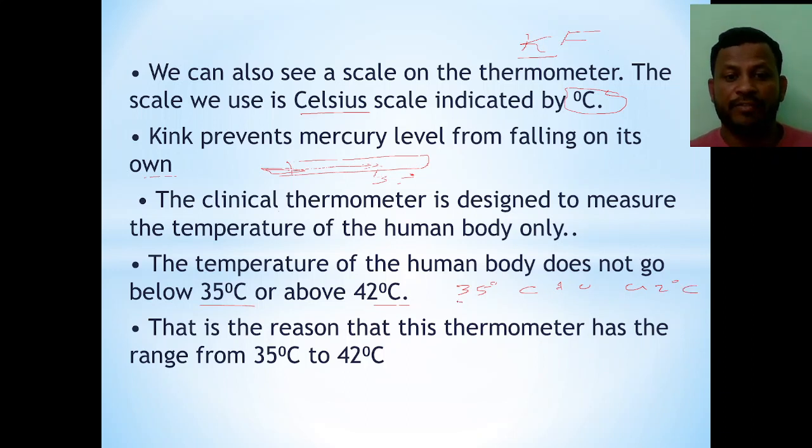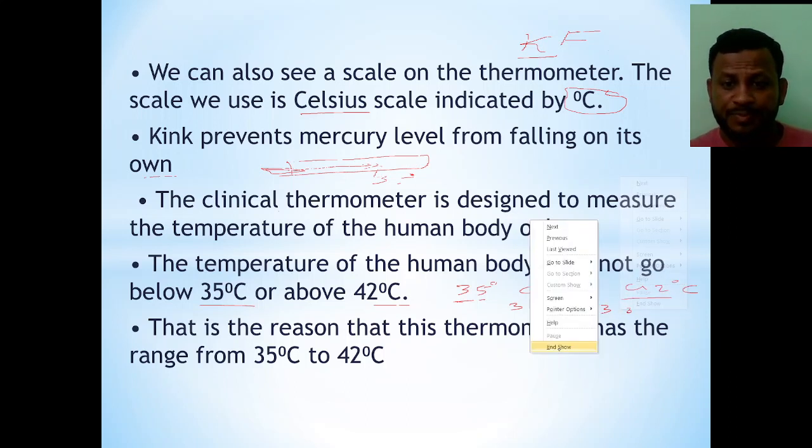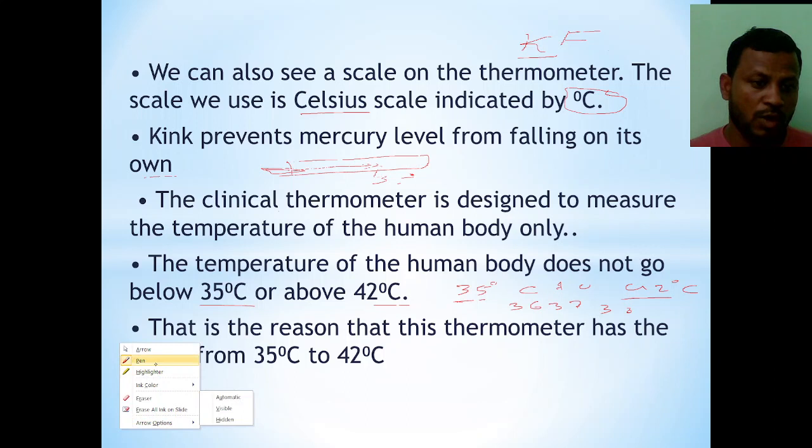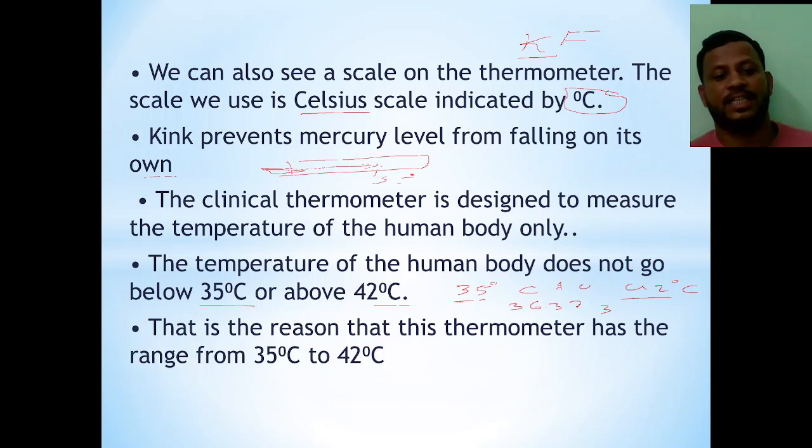It may be 36, 37, 38, or 39, but whatever it is, it is between 35 and 42 degrees Celsius. That is the reason the thermometer has a range of 35 to 42 degrees Celsius.